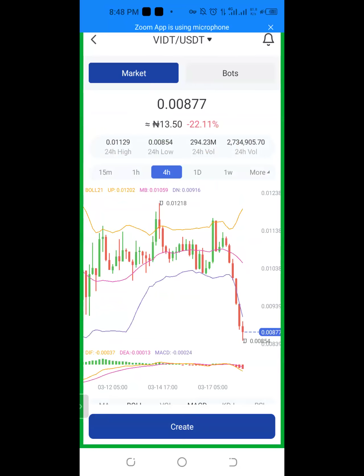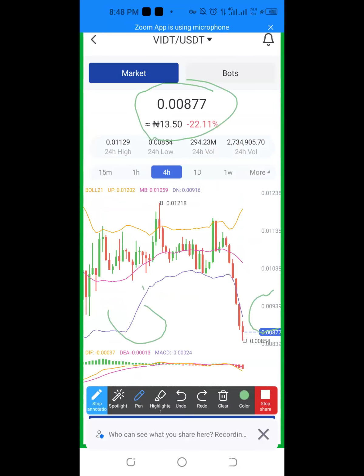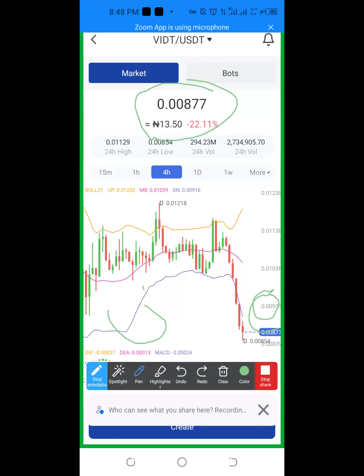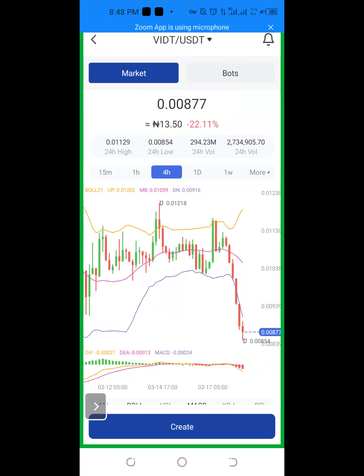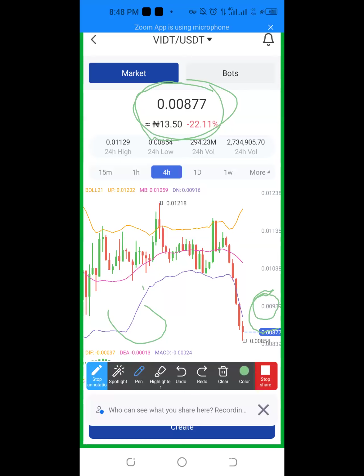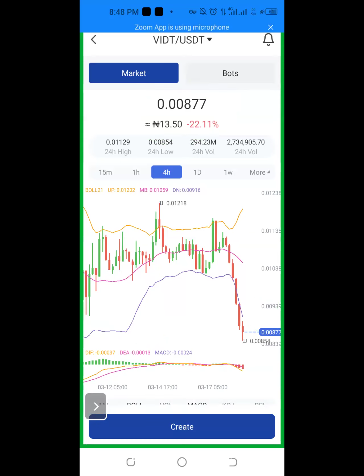This is the price I want to close my trade, and this is the current price. Now I will subtract the current price from the price I want to take my profit at.